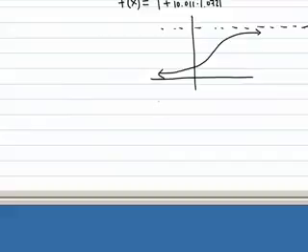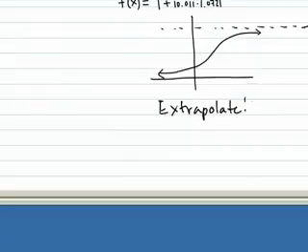Okay, now that we have our mathematical model, we can use it to extrapolate. So that's where we want to project in the future what values will be using our equation. You can either trace, or you can use the table, or you can plug in the value for x.